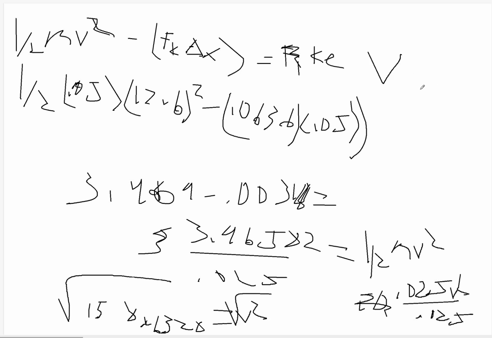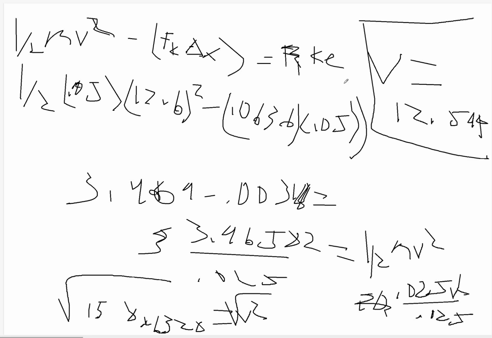Then v is equal to 12.594. This is the velocity for part G after it leaves the table.